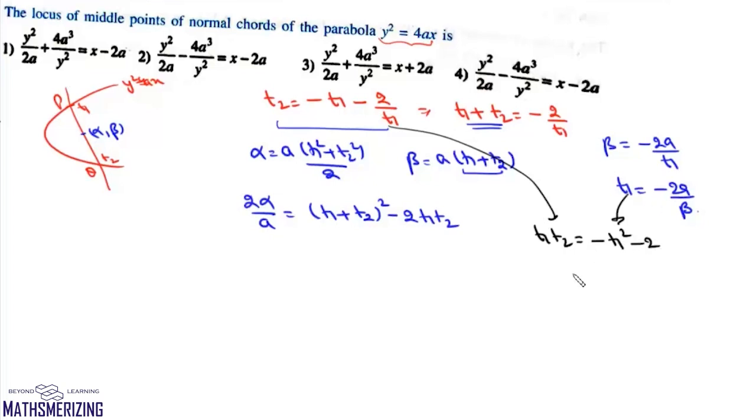So we'll put t1 here, and we'll get minus 4a square upon beta square plus 2.